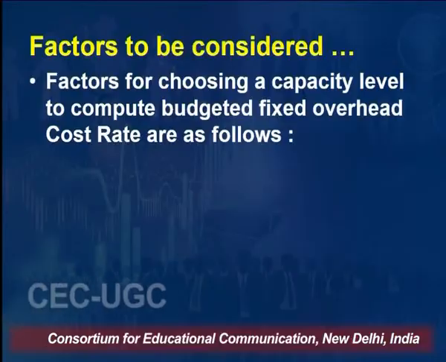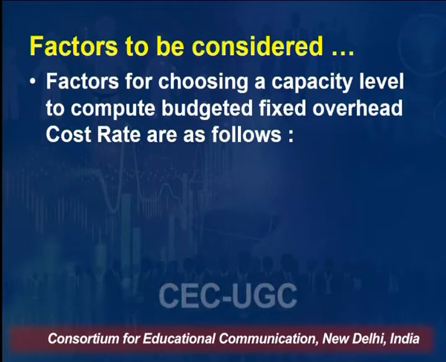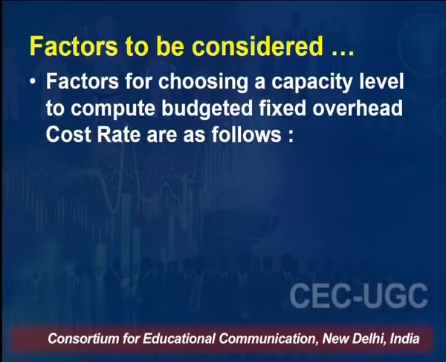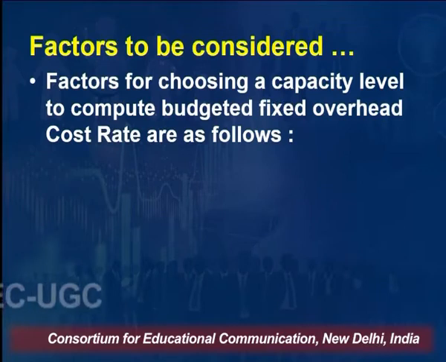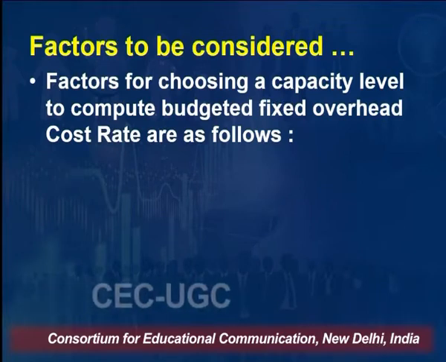Now the question talks about the qualitative aspect. What are those factors which we are supposed to consider while selecting or choosing a capacity level for computing the budgeted fixed overhead cost rate? What are those factors which I have to keep in mind as a management accountant when I am computing the budgeted fixed overhead cost rate?